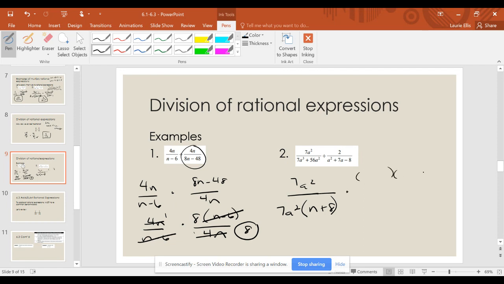So I tend to factor as I go. Okay, so this is over 2. So this is going to be a plus 8, a minus 1. This is an a. I don't know where this n came from. I'm sorry about that. That's an a.